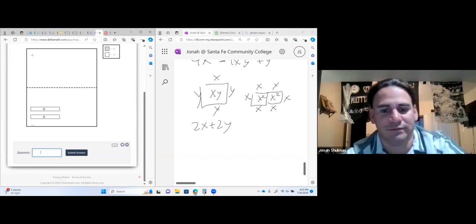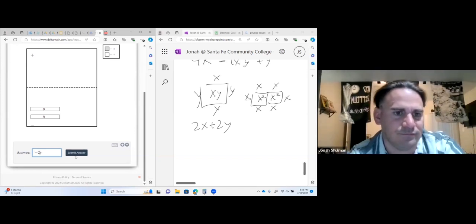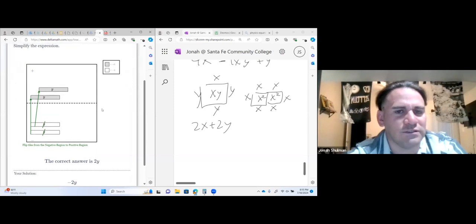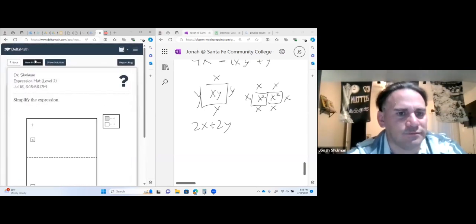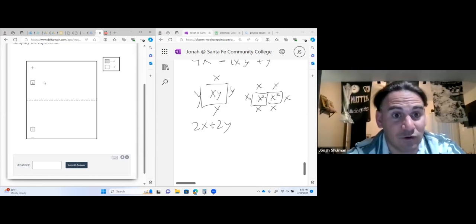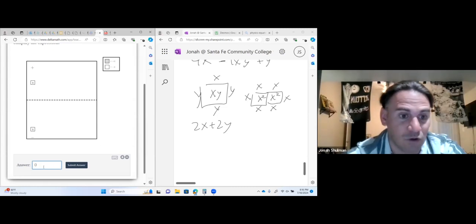So, oh, we just have to write it. Negative 2y. Oh, because it's a double negative. So that's a positive 1, and that's a negative 1 and a negative 1, which is a positive 1. That should be a 0.